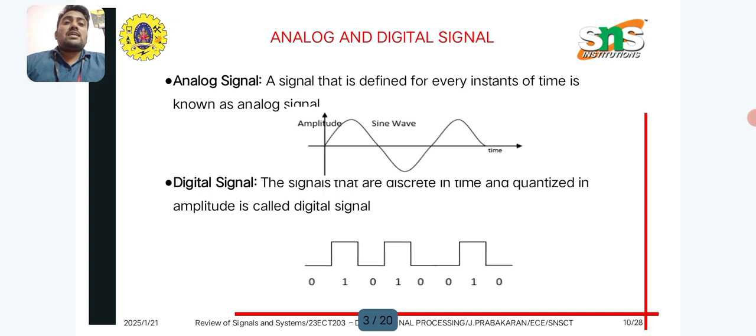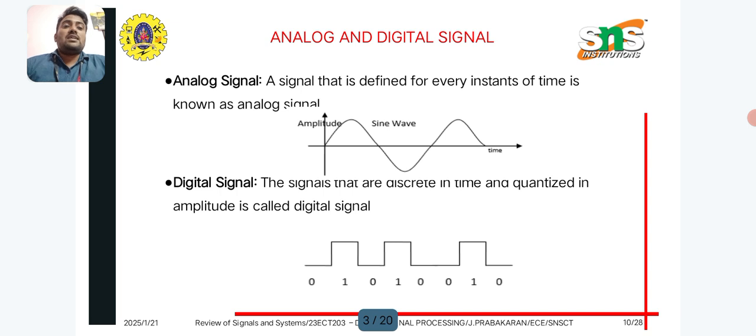An analog signal, defined at every instant of time, is known as a continuous time signal. Both amplitude and time are continuous. Whereas a digital signal is discrete in time and quantized in amplitude.